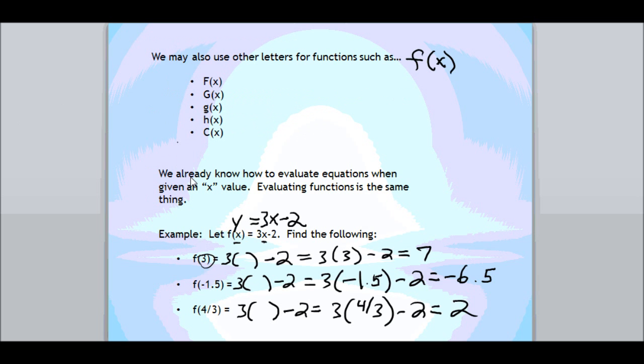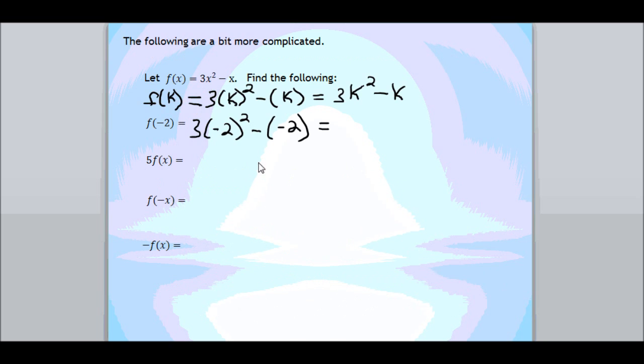Like in the previous example, I did them first with parentheses and then I plugged them in. If you don't use parentheses around the thing you're substituting in, you may have issues with these double negatives. You might not realize it's a double negative, or you might just forget to write the negative in there. But notice here that this is a double negative.